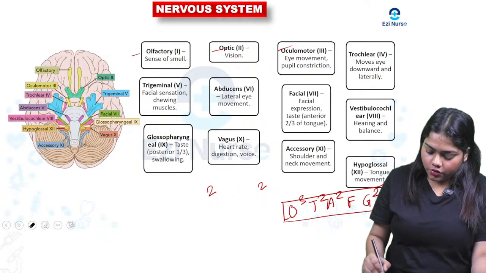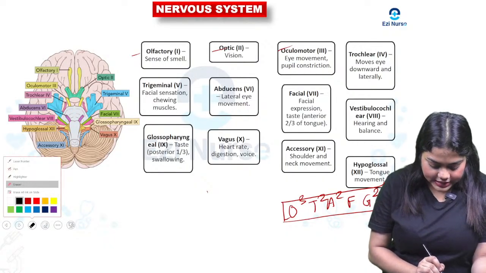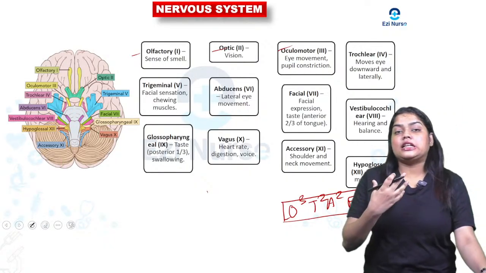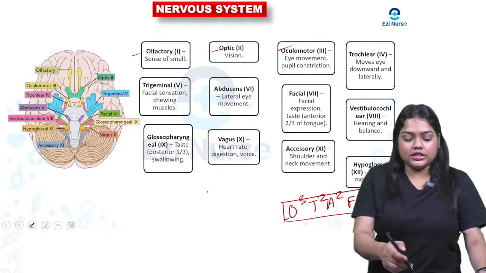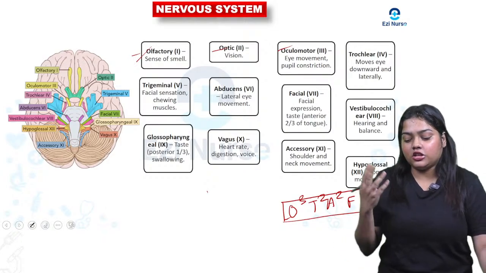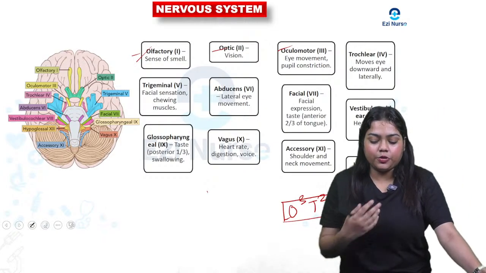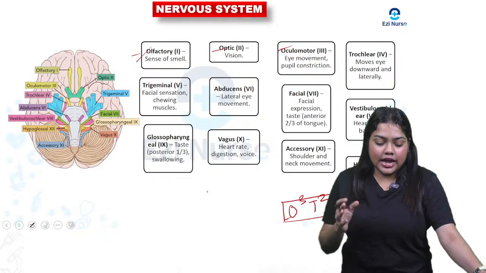Now come to O, we have olfactory, right? Olfactory helps us to sense smell. Whatever bad smell or good smell is coming, we can sense it by the olfactory nerves. Optic nerves help in vision. Oculomotor is also involved in eye movement, pupil constriction and all. Come to T2, trochlear and trigeminal.